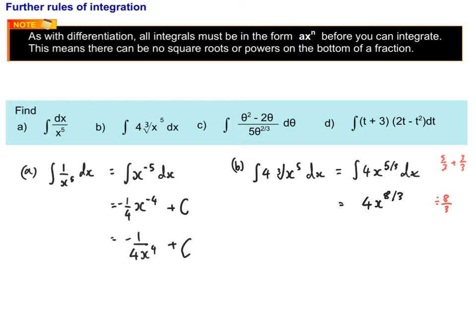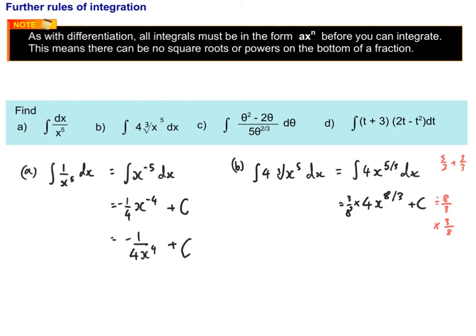Remember, to divide by a fraction, we can multiply by the reciprocal. So I'm not going to write divided by 8 thirds, I'm going to write multiplied by 3 over 8. I also need to remember plus c. That's all the integration being performed there.